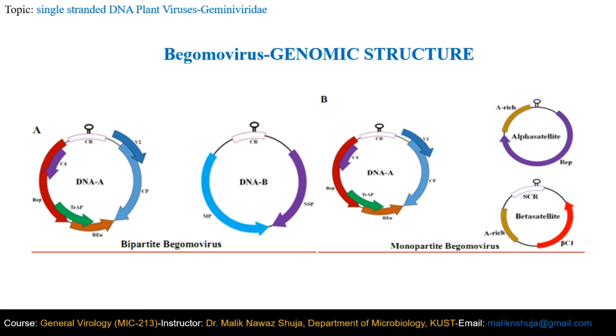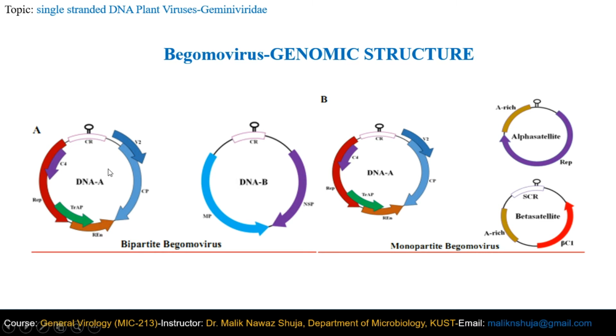This is the genomic structure of Begomoviruses. I already told you Begomoviruses have bipartite or monopartite genomes. If we are talking about a bipartite genome, DNA-A and DNA-B are both components, and DNA-A is approximately equal in size to DNA-B.